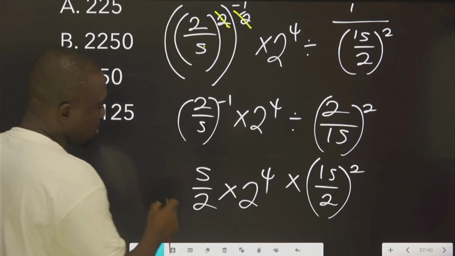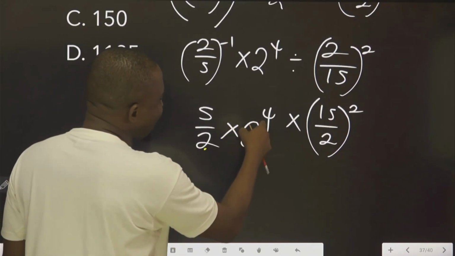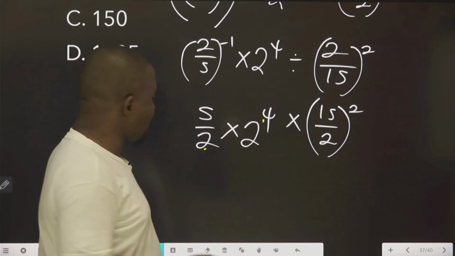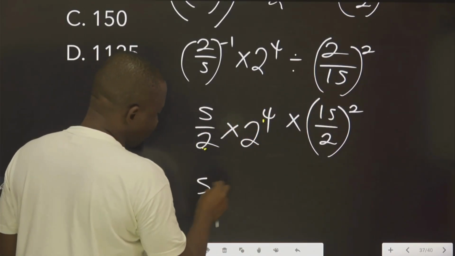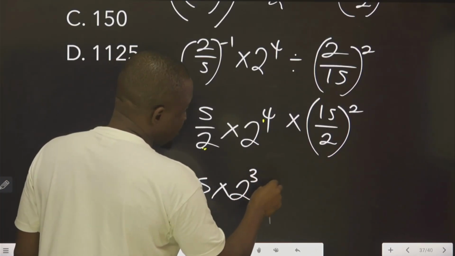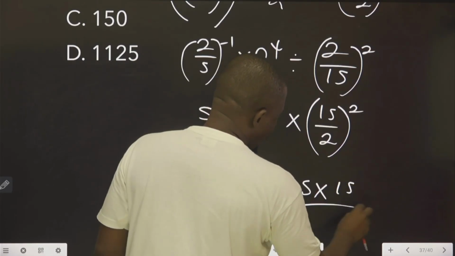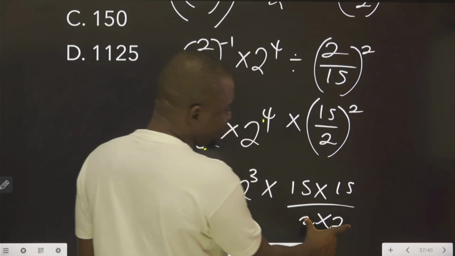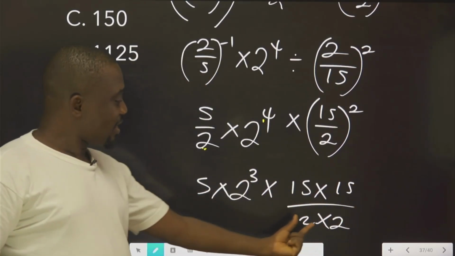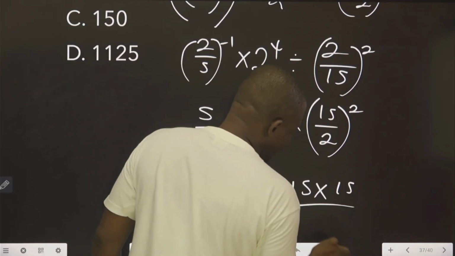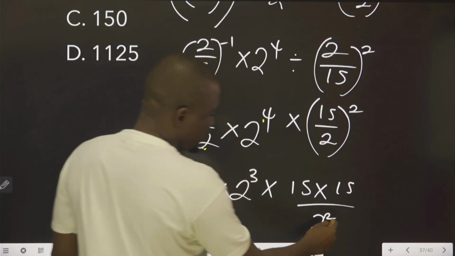You get it? You agree with me that if I divide this, 3 will remain. That is 2 raised to power 3 will not remain because 2 will strike out one of this. This is 15 times 15 over 2 times 2. I have 2 here, I have 3 here. This is like you write this as 2 raised to power 2 and 3.